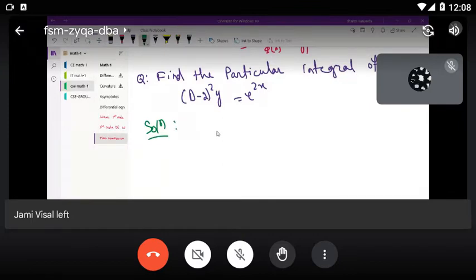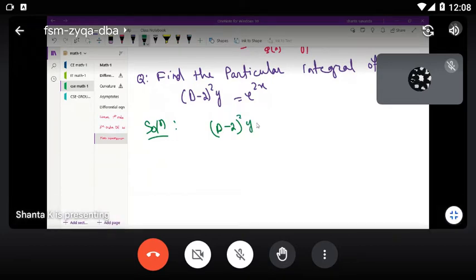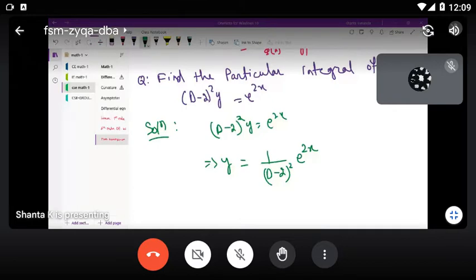Okay, you can see this one. So (D minus 2) square. So y will be 1 by (D minus 2) square e power 2x. Okay. See, if you put D equals to 2, it becomes 2 minus 2, which is 0. So we cannot put that.